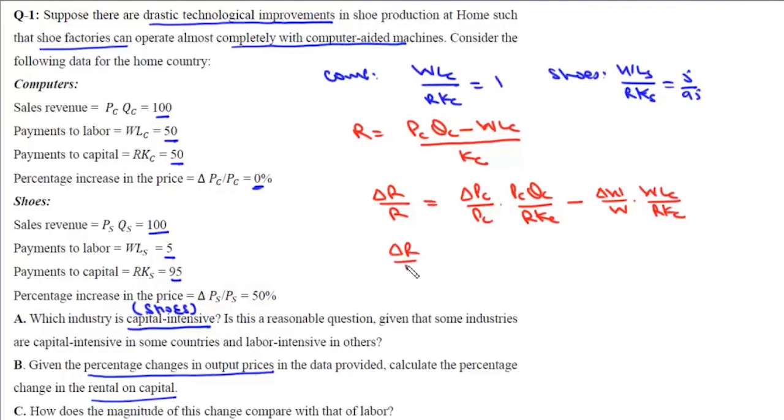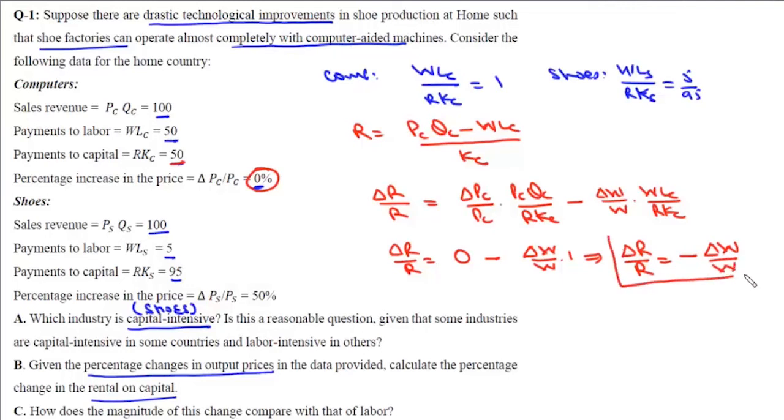Now this is delta R upon R. Now change in price of computers is 0. So this is 0, and then minus delta W upon W into, now WLC is 50 and RKC is also 50. So from here we get our first equation, which is delta R upon R is equal to minus delta W upon W. So this is equation 1.